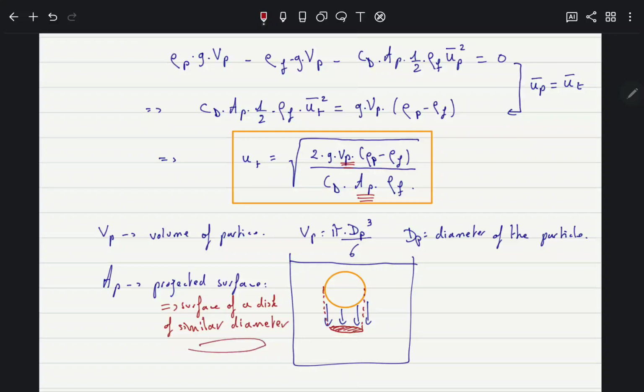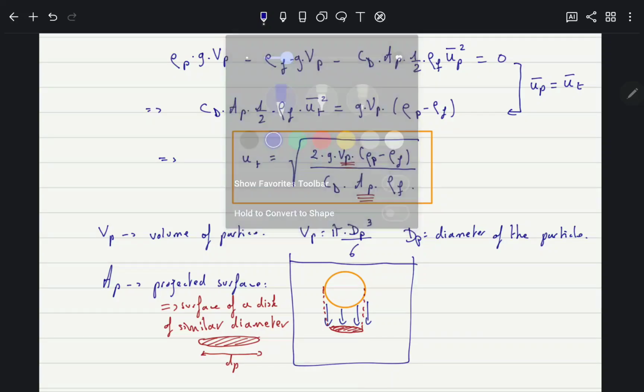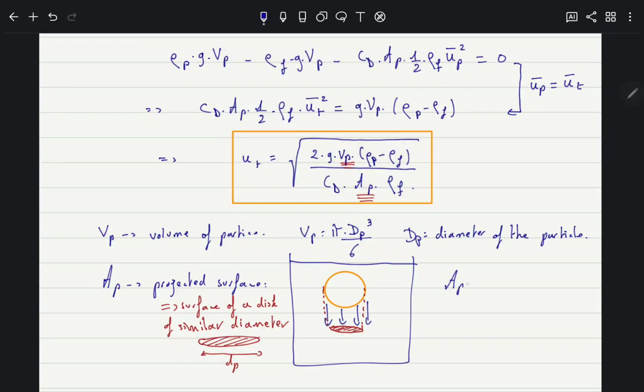Okay, so that's our disk, and the diameter of the disk is also dp. So what's that surface then? It's simply pi dp square divided by 4. This is why you gotta be careful. It's not the surface of the particle, it's the projected surface area of the disk.